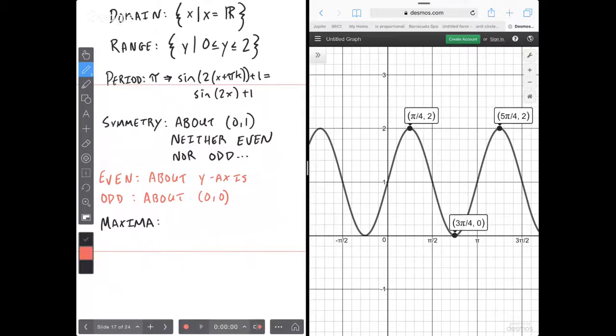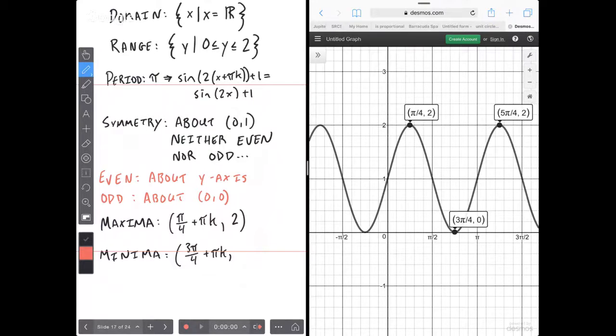So it looks like pi over 4 plus pi k, comma, 2. Minima are at 3 pi over 4 plus pi k, comma, 0.